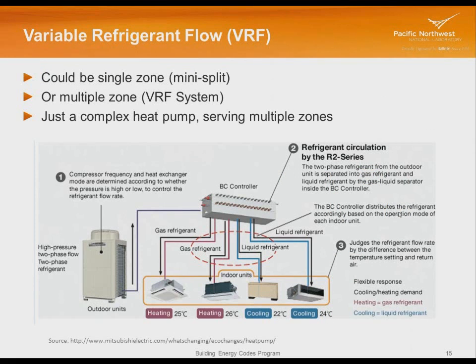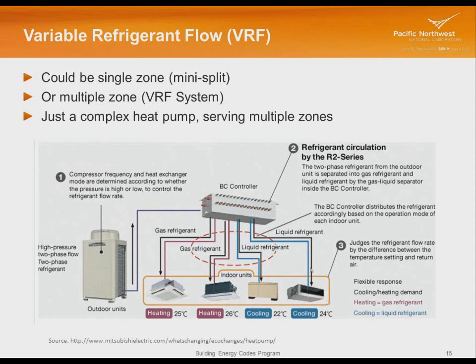There's a more modified or newer type of unit. Actually, these have been around for quite a while in Asia and Europe, and have been quite popular because they're easier to retrofit into buildings that are hundreds of years old. And this is variable refrigerant flow. It's basically the same concept. We've got a compressor out here, and it's the heat pump concept, but now we've got multiple indoor units, and a smart little switching box hooked up to the controls for all these units.